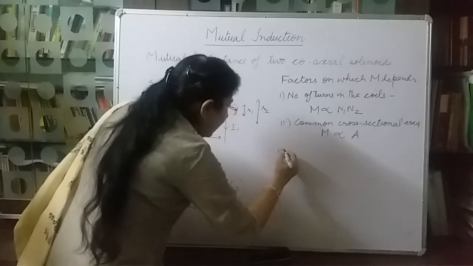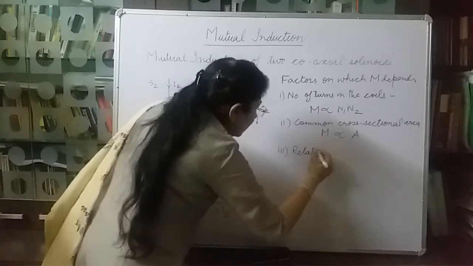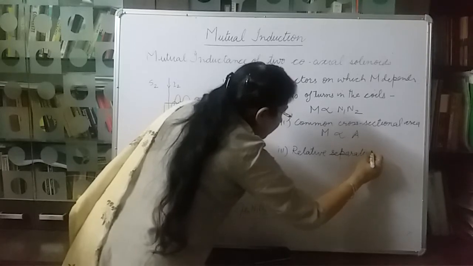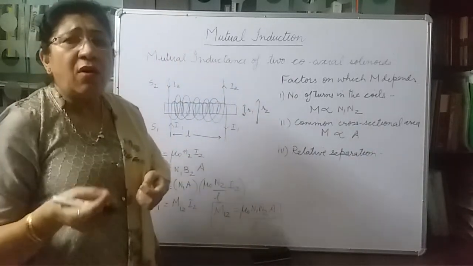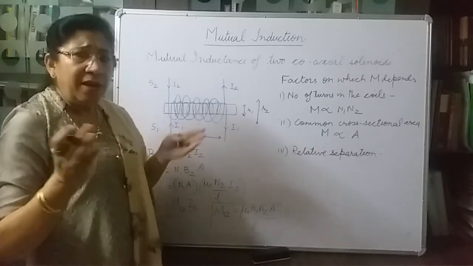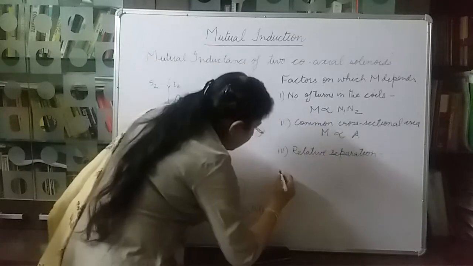The third factor it depends upon is the relative separation. If the distance between the coils is increased, then the mutual inductance decreases. Nearer the coils, more is the mutual inductance.